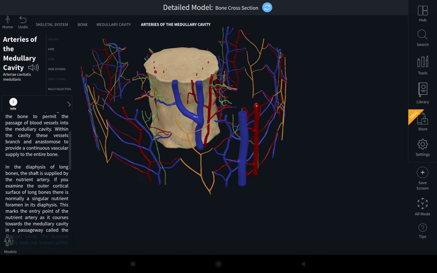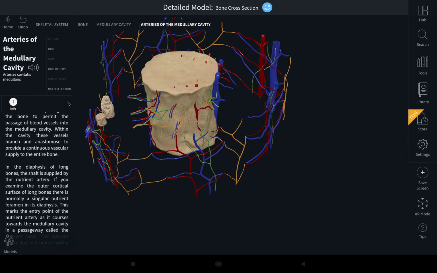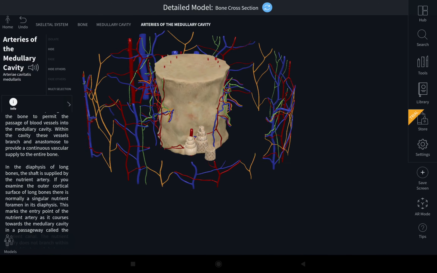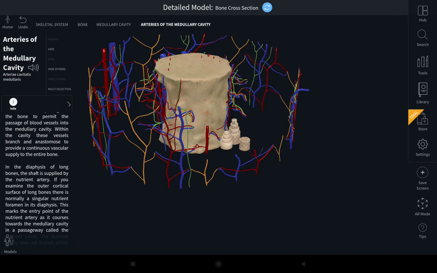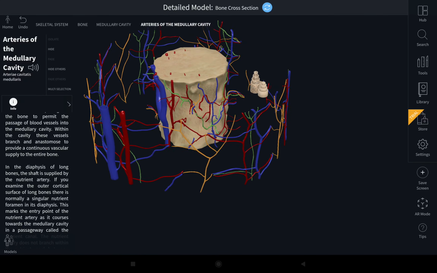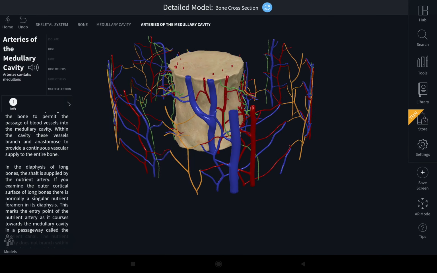In the diaphysis of the long bones, the shaft is supplied by the nutrient artery. If you examine the outer cortical surface of long bones, there is normally a singular nutrient foramen in its diaphysis. This marks the entry point of the nutrient artery as it courses towards the medullary cavity.